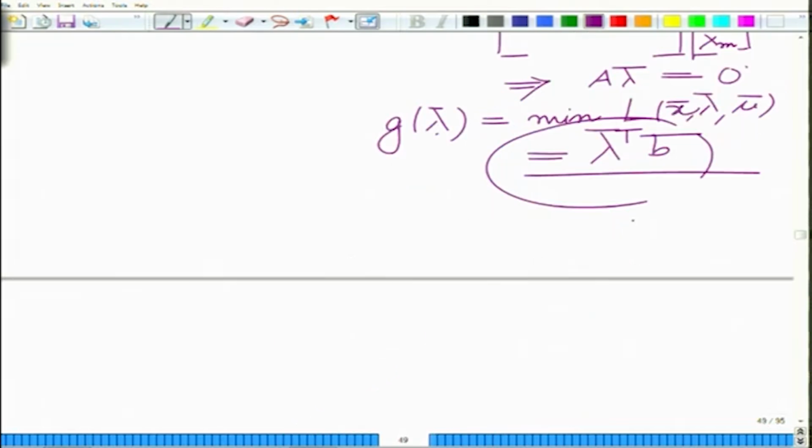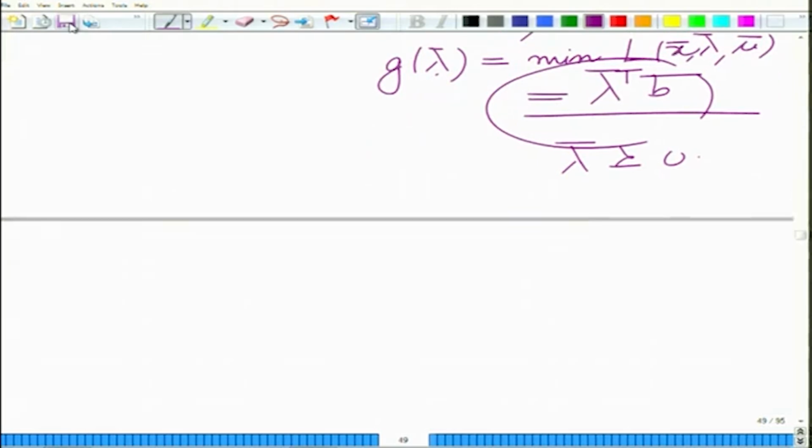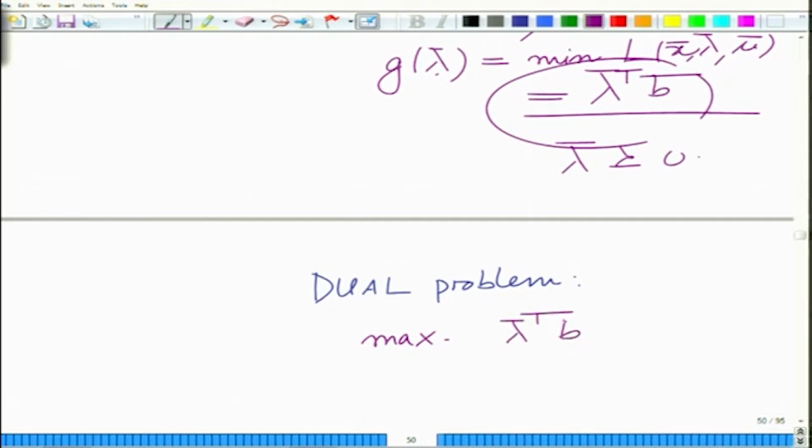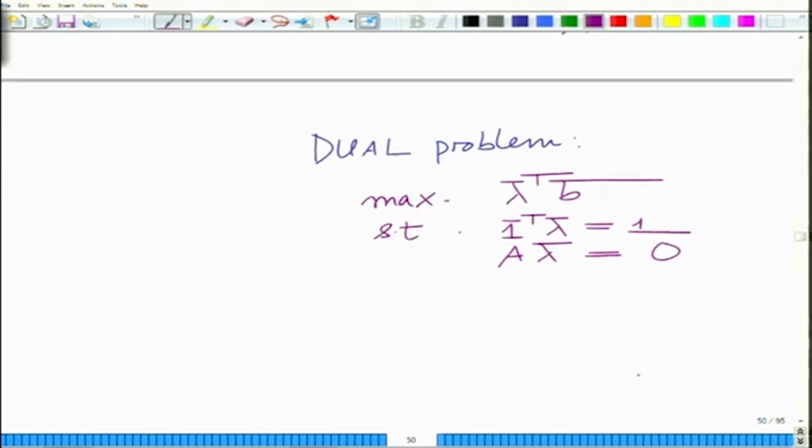So the minimum is lambda bar transpose b bar, provided lambda bar is component wise greater than or equal to 0, and therefore the dual problem can be formulated as: maximize the dual function g of lambda bar, that is, maximize lambda bar transpose b bar, subject to the constraints that 1 bar transpose lambda bar equals 1, the summation of all lambda i equals 1, and A times lambda bar equals 0.